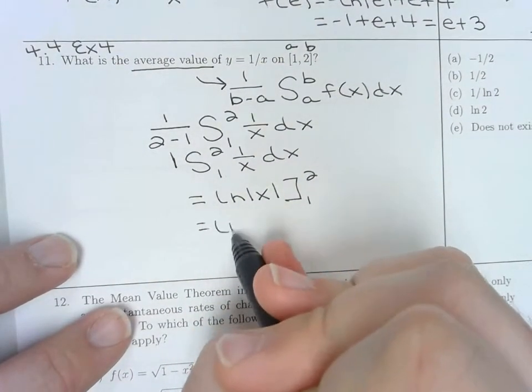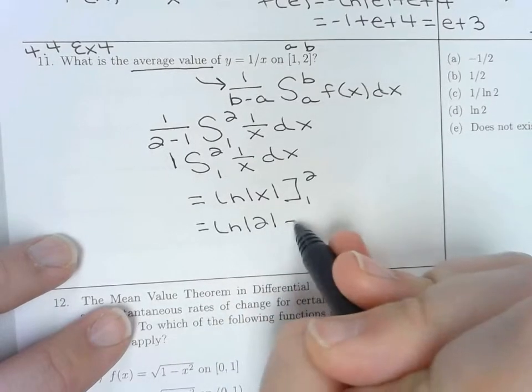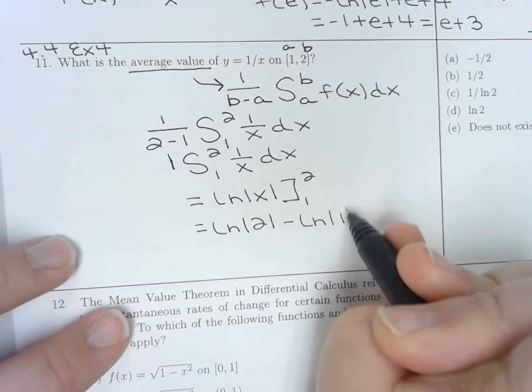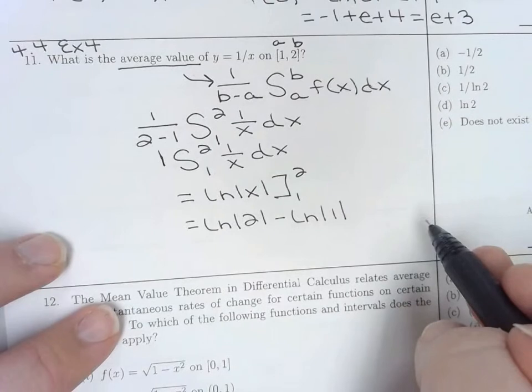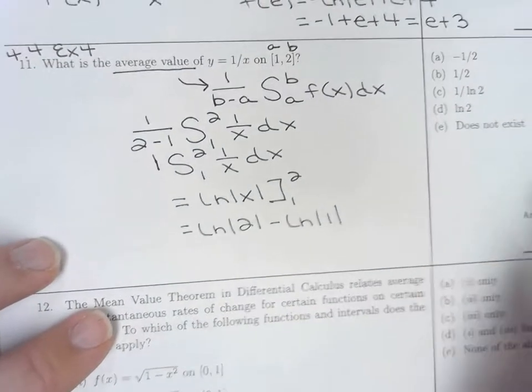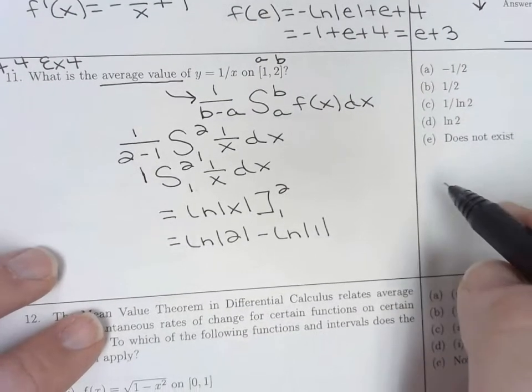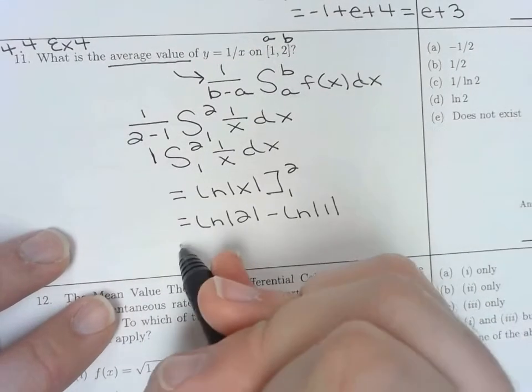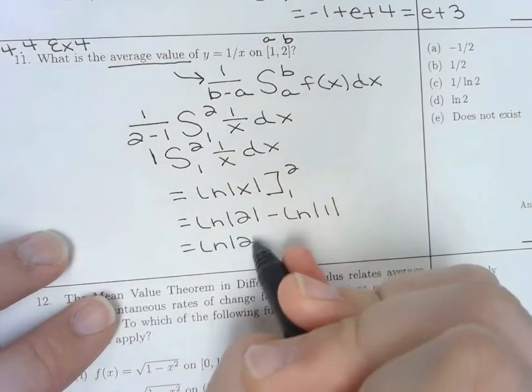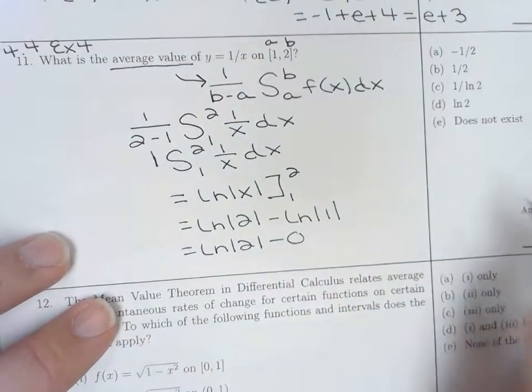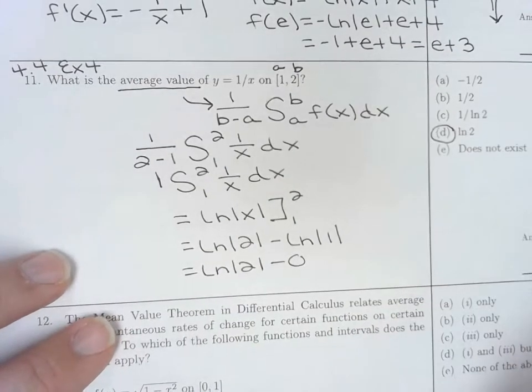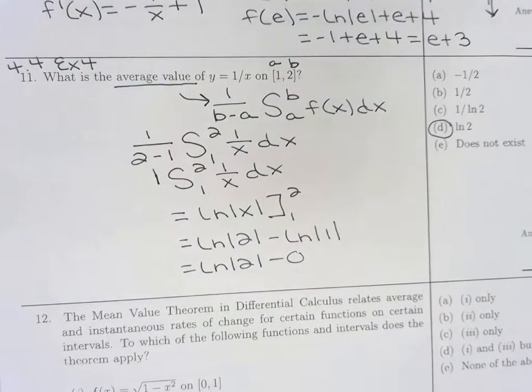And then ln of absolute value of 2 minus ln absolute value of 1. Again, ln of 1 is 0. So ln absolute value of 2 minus 0. So I believe it is D. So again, not bad, but if you did not know that formula, you wouldn't be able to get it. You could maybe take a guess, but yes.